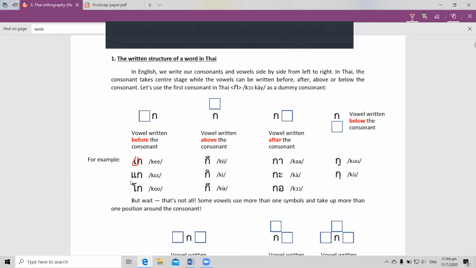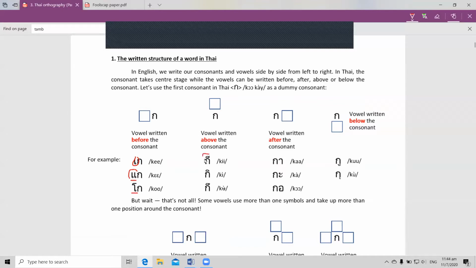Okay, if you add this symbol here to the left of ko kai, all right, we have ke. All right, ko e ke. Similarly for this, if you add this to the left of ko kai, we have ko, because this is the vowel O. Okay, we can also have vowels above the consonant.